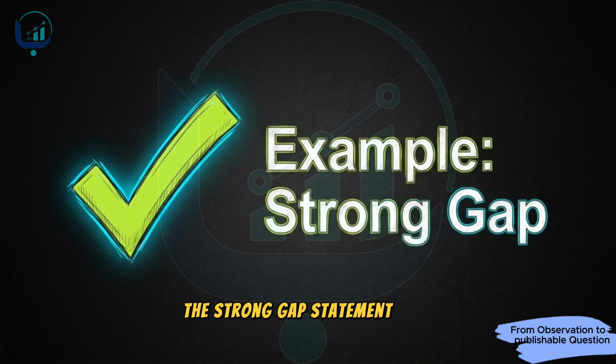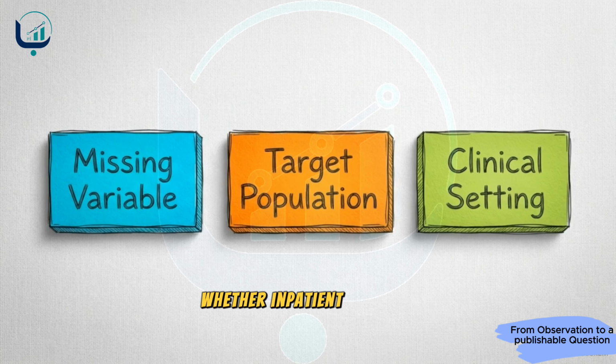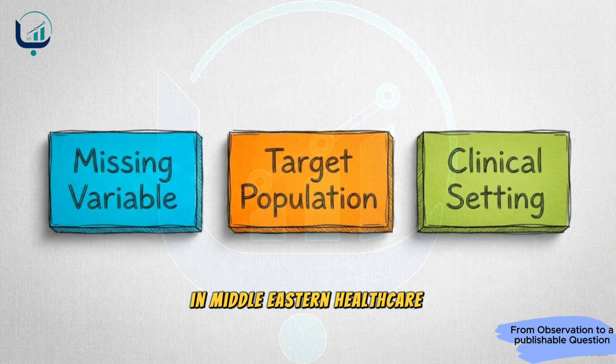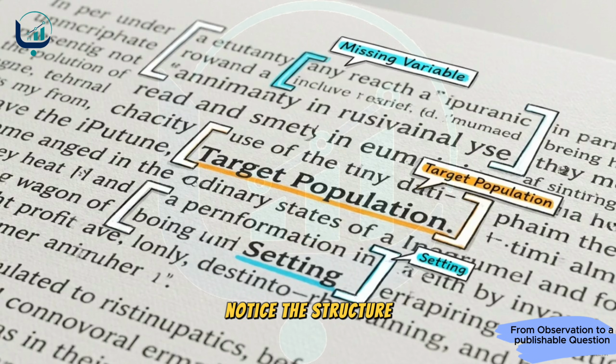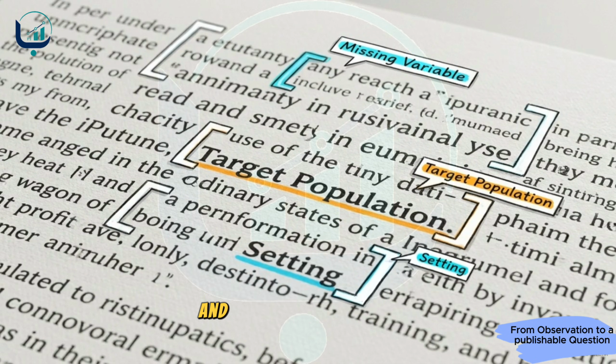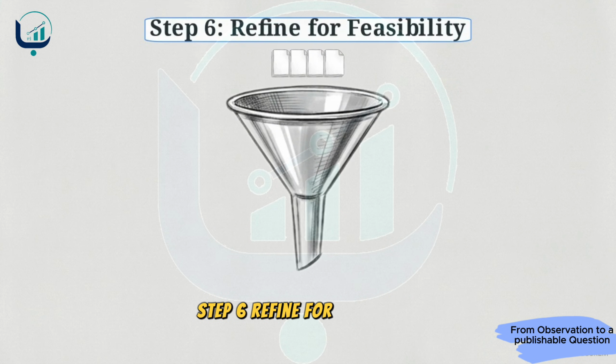The strong gap statement says, although diabetes is associated with fall risk, limited evidence examines whether inpatient glucose variability predicts falls among hospitalized adults with diabetes in Middle Eastern healthcare settings. Notice the structure. It acknowledges the established area, pinpoints the specific missing variable, and locks down the exact target population and clinical setting.